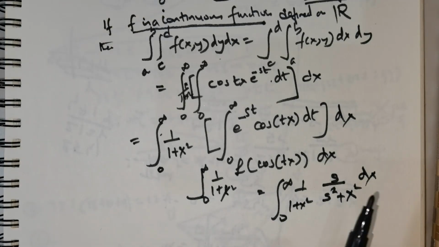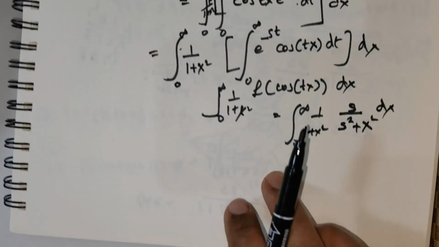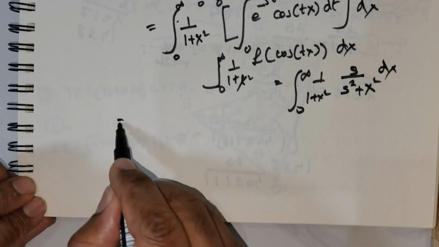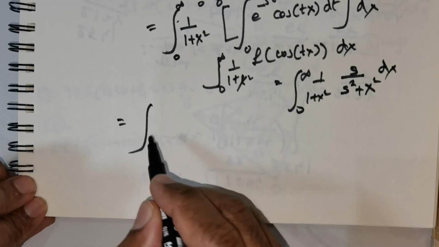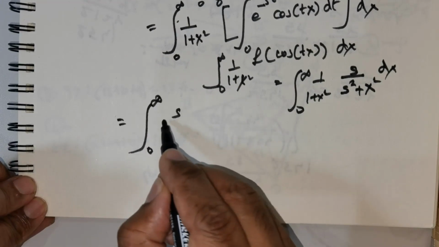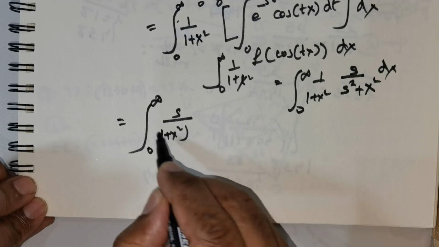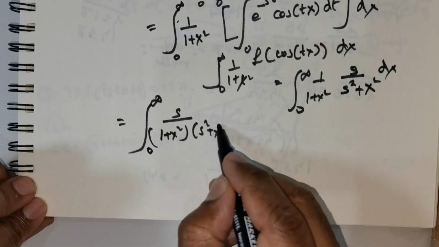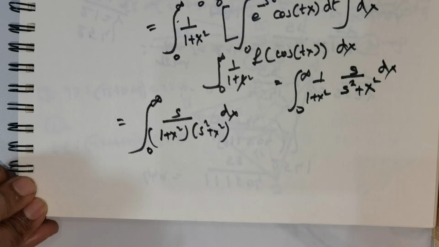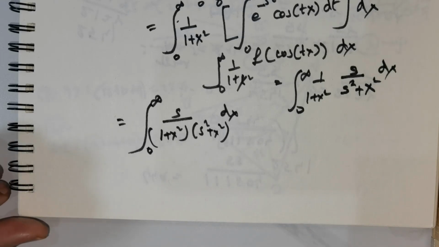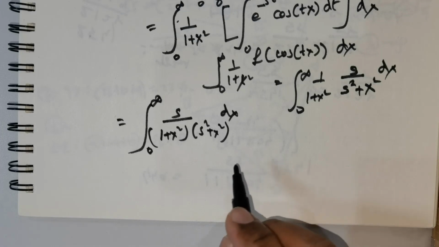Now how are we going to integrate this? Let me just show that to you. Now this is equal to integral 0 to infinity s over 1 plus x squared times s squared plus x squared times dx. We will have to go to a new page because of the page getting exhausted here.